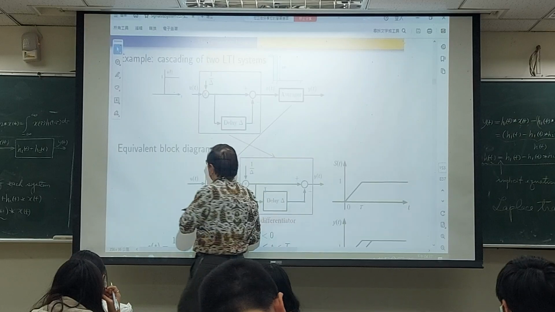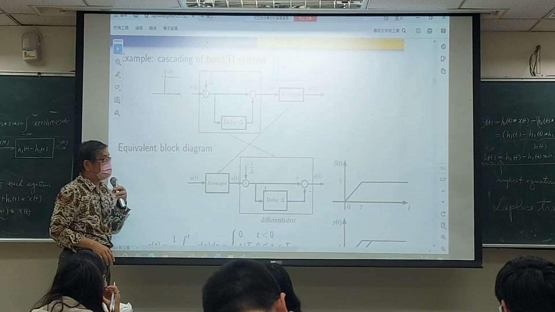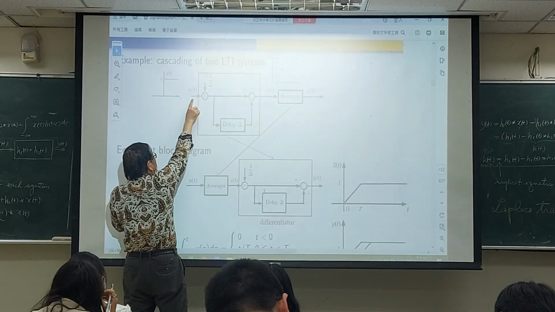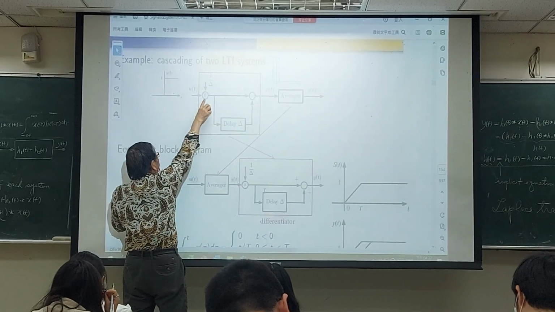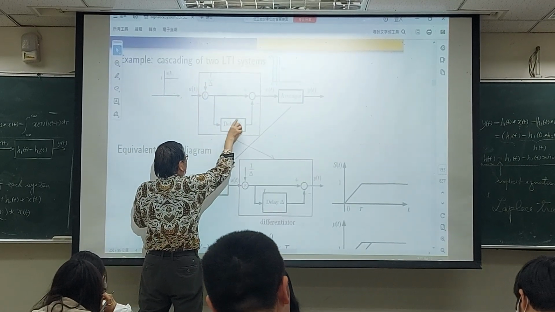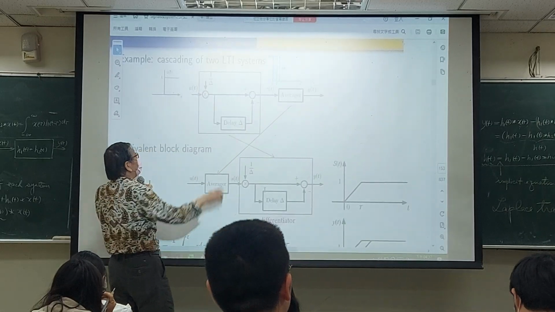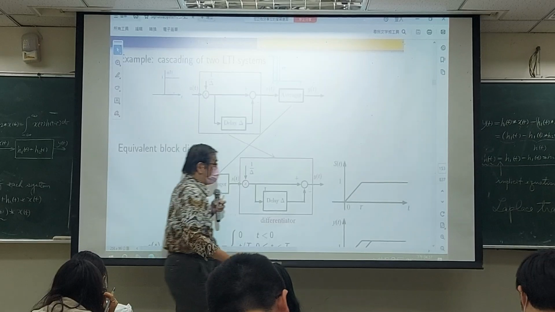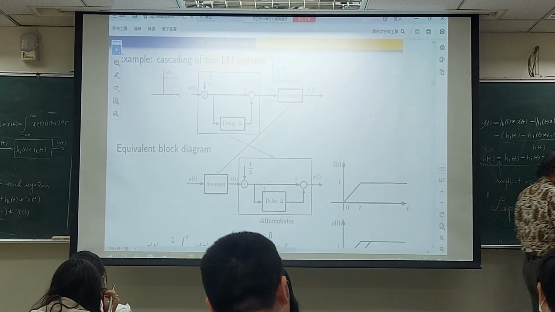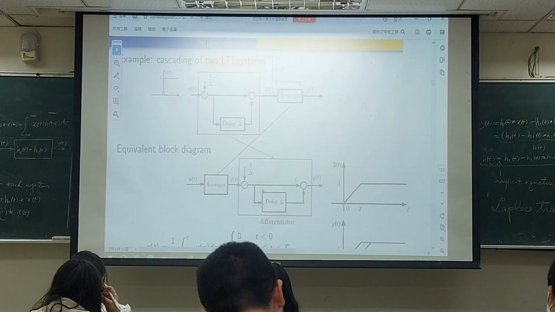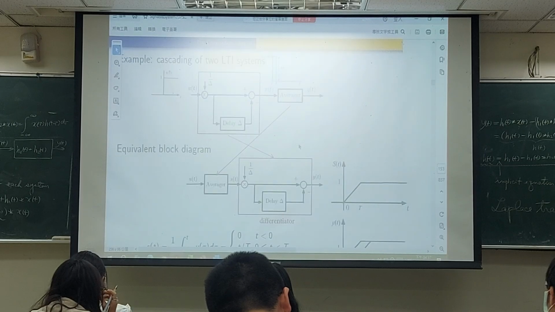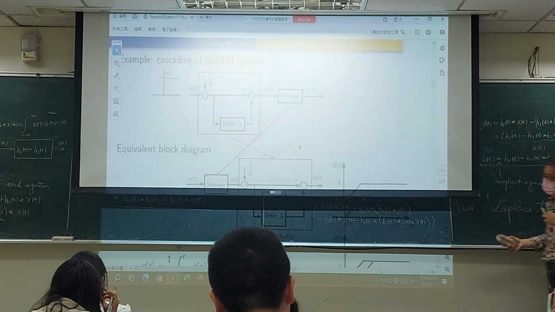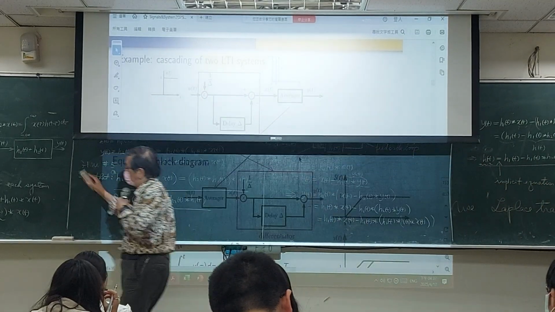This differentiator, the structure is very simple. It is the signal minus one step delay of the signal, and then divided by the time step delta.